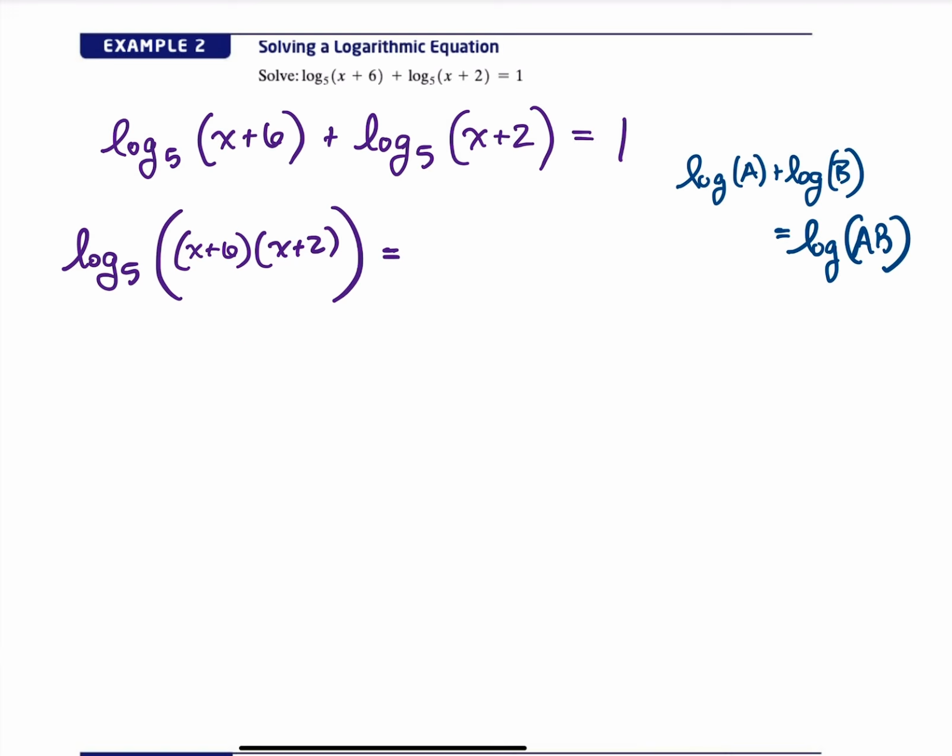Well, 1, how did we get a 1 with a logarithm? Remember if we had, say, log base a of a, where that base was also inside, these canceled out and we just got 1 as the result. So let's just re-express that 1 as log base 5 of 5.